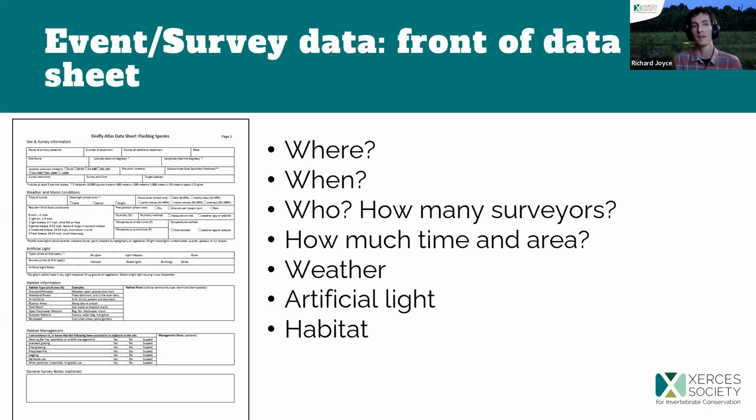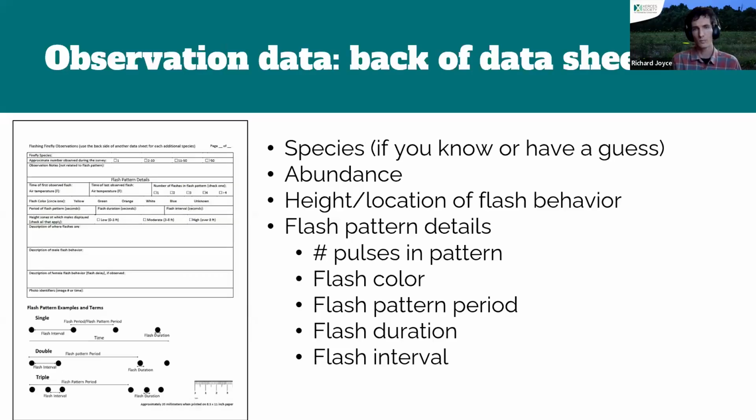So that's the where, the when, the who, as in, who is surveying, how hard are you looking, all things that you would want to write down even if you didn't find a firefly. On the back of the data sheet are the questions related to observation. This is all about the fireflies that you actually find and documented.